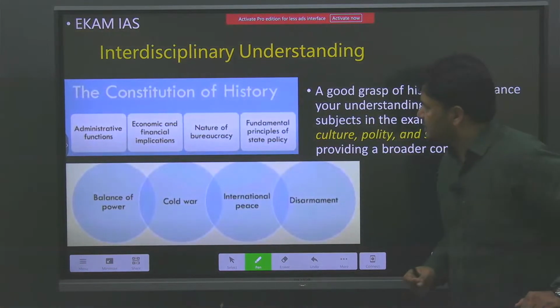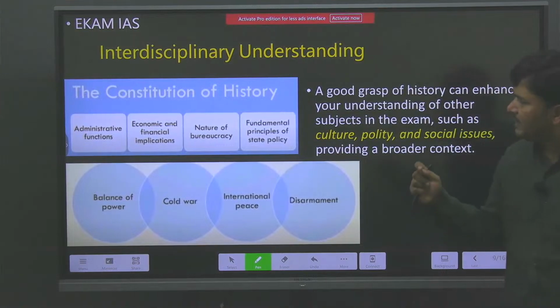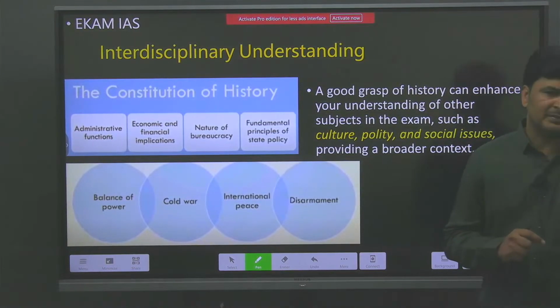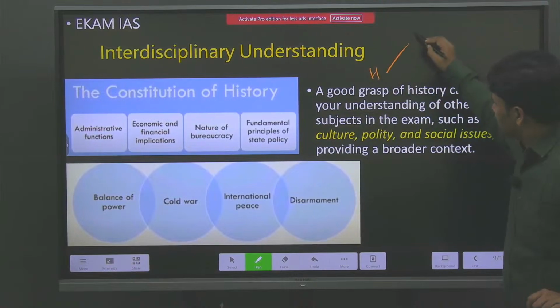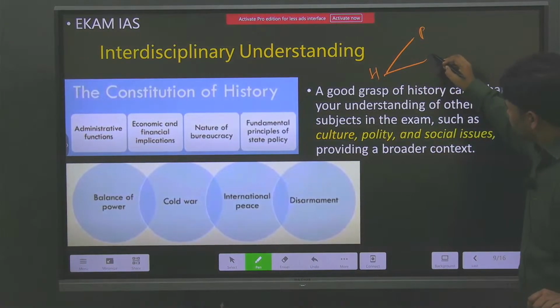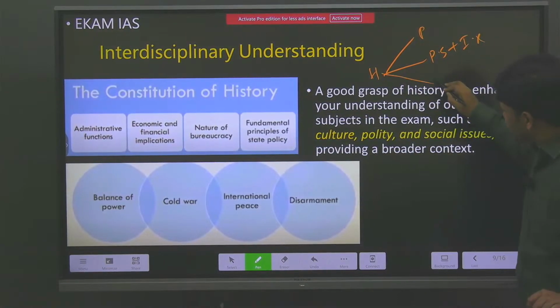Now another advantage, if you select history as an optional: interdisciplinary understanding. You can link history with other subjects, for example polity, history with political science and international relations, history with the Indian economy.